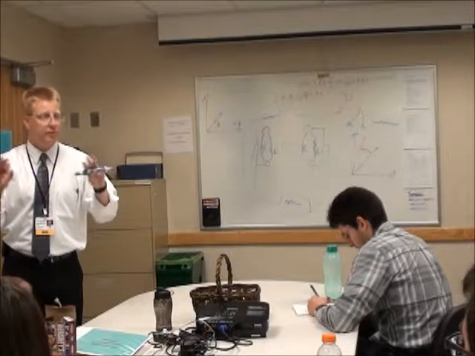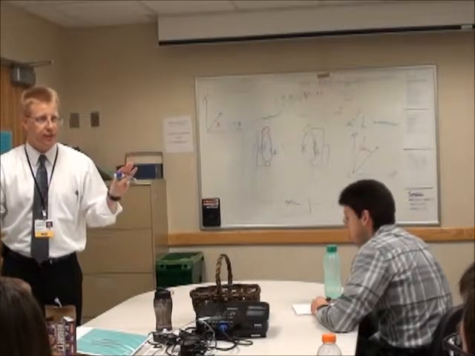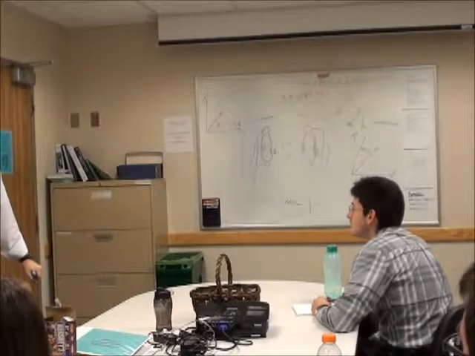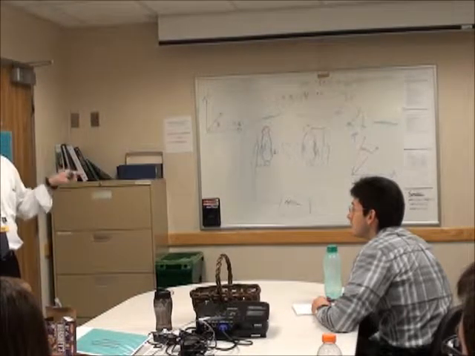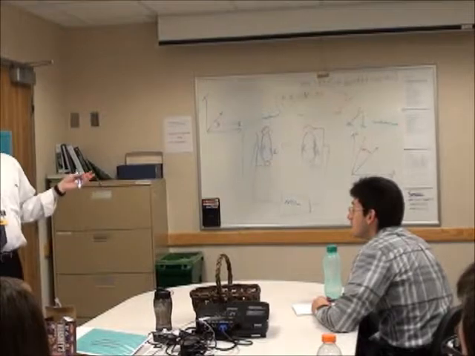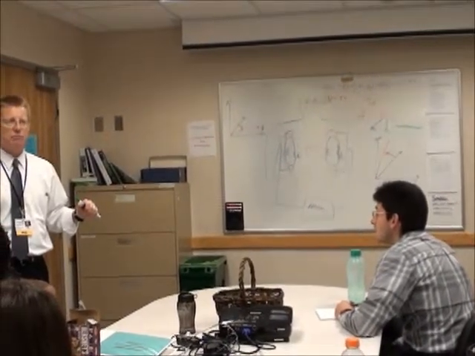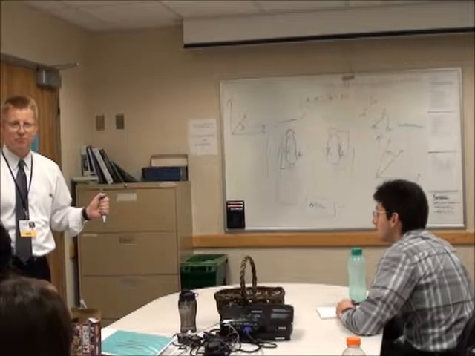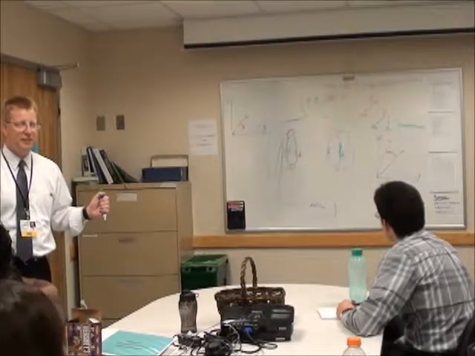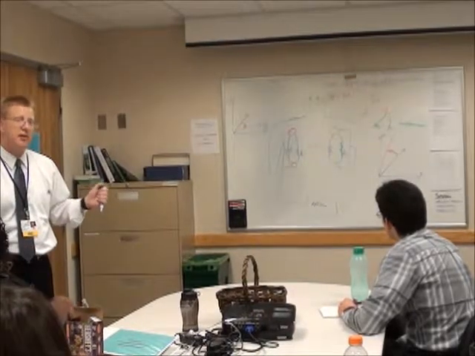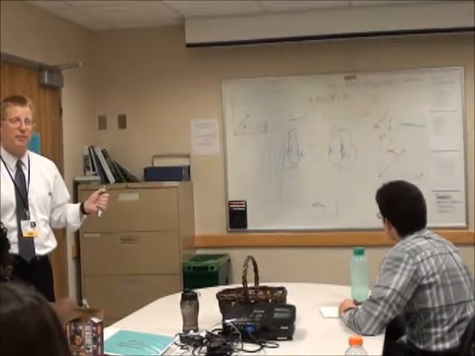The only volume that moved in your chest during that time is the blood volume that came out of the left ventricle. Now, you might say, well, what about the volume that came out of the right ventricle? It's the same. Right? The exact same volume that comes out of your left ventricle is going to be the exact same that comes out of your right ventricle.